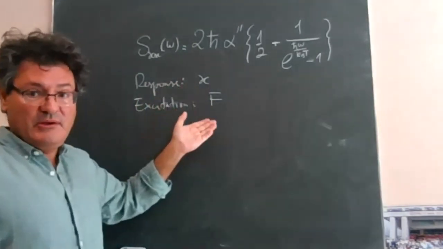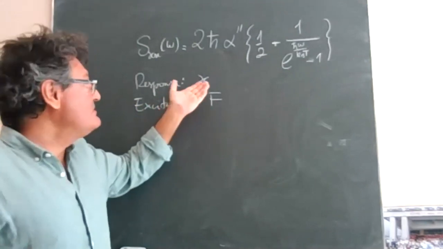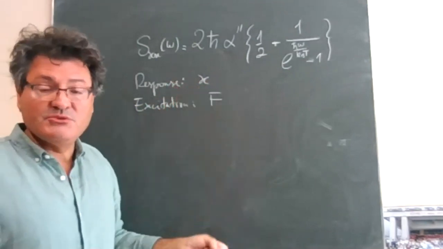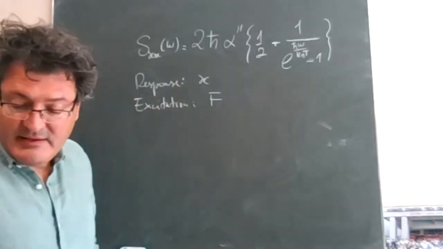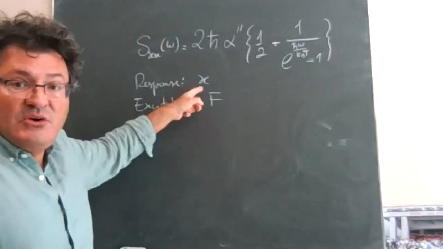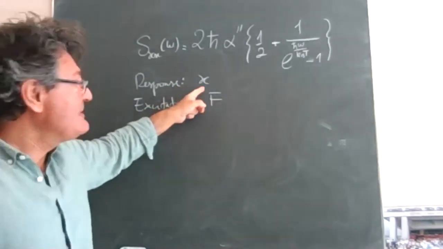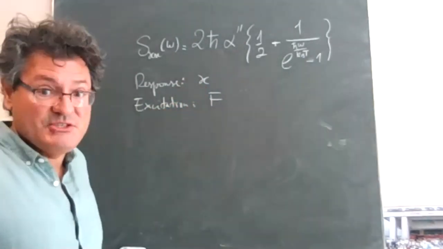If we are not in mechanics, how do we find the proper excitation for the observable that we choose? Well, there is one rule. The product of the response and the excitation must always be an energy.